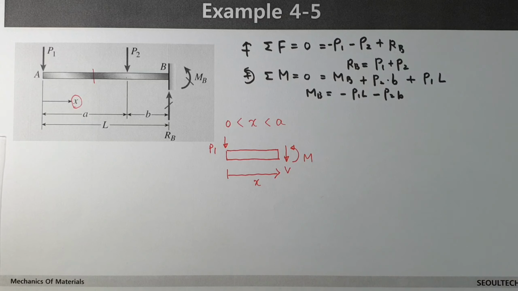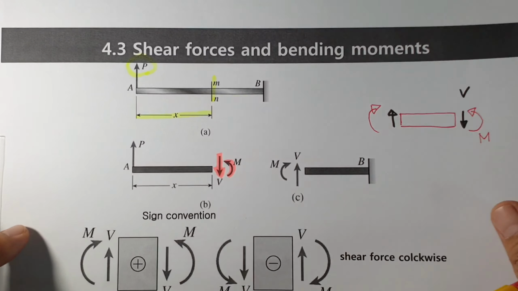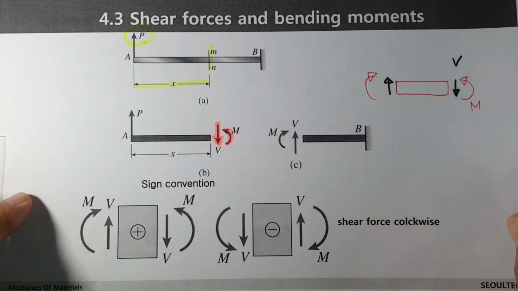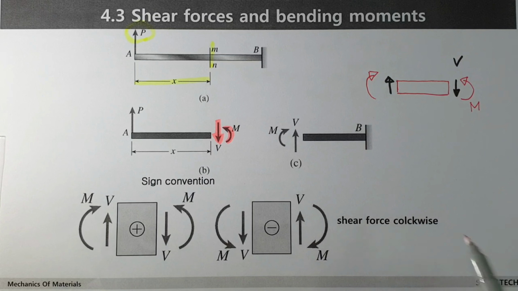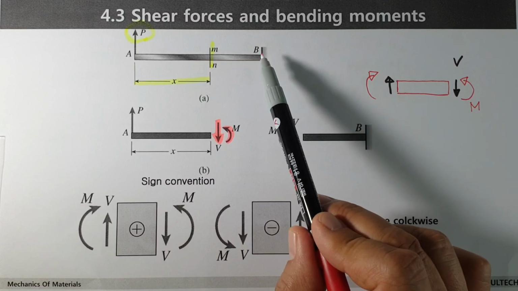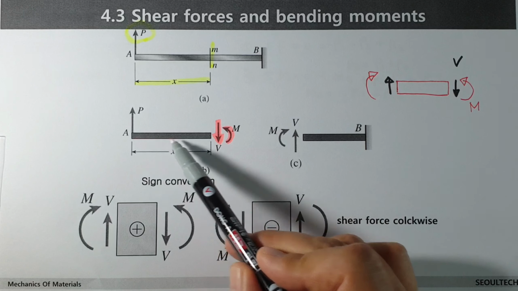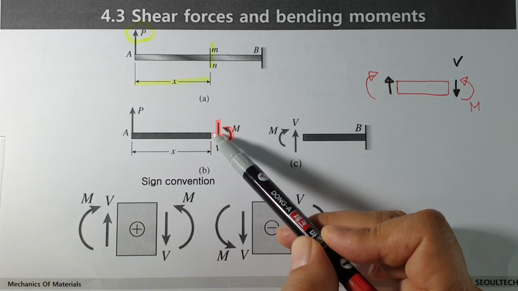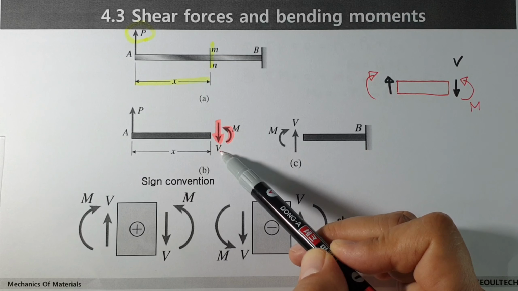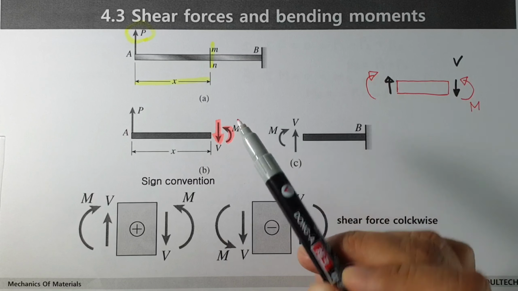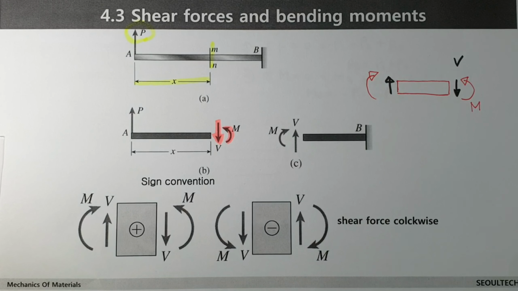Okay, we have some kind of agreement related to sign convention. When you think about this kind of beam and cut there, then on the right side, downward direction is positive, and counterclockwise direction is positive in the case of moment.